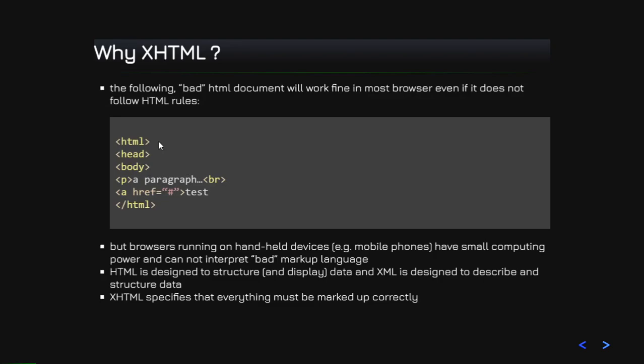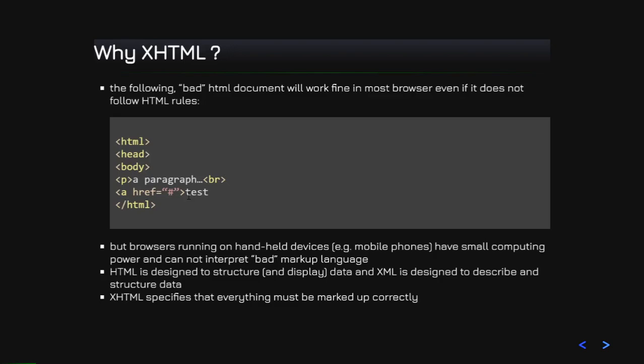Here I have the head tag, which is not closed, then the body tag, which is also not closed, this paragraph is not closed, the anchor doesn't end here, and so on. Most browsers will display this document fine, but some devices which don't have much computing power can have trouble interpreting this bad HTML document.